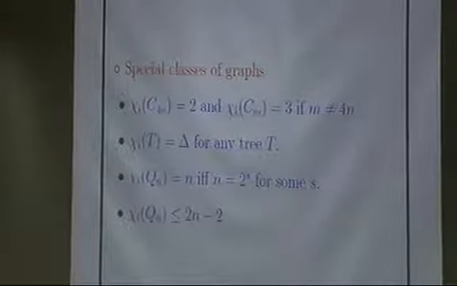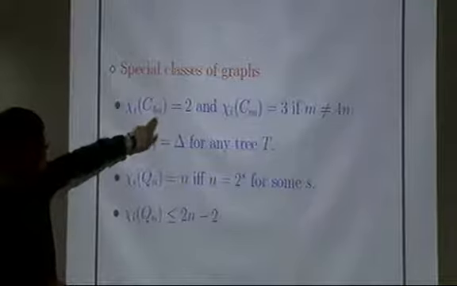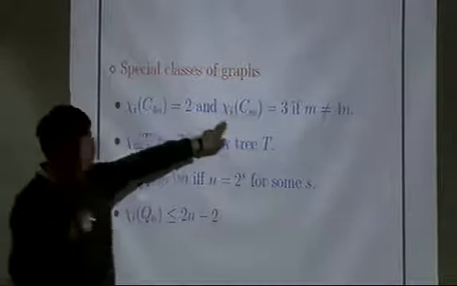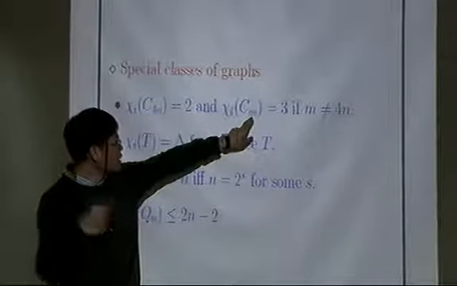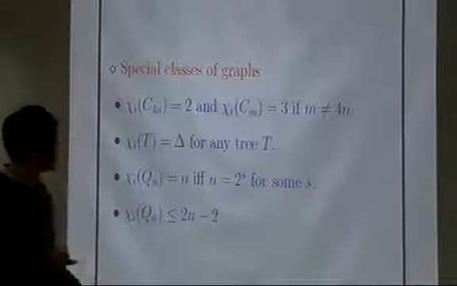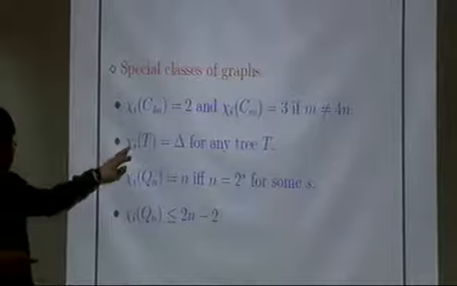For a very special type of graph, the even cycle whose length is divisible by 4, we can show the injective chromatic number is 2, and for other cycles the injective chromatic number is 3, and for a complete graph it is delta.